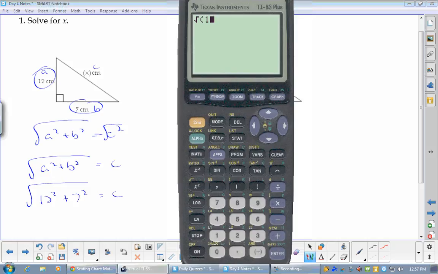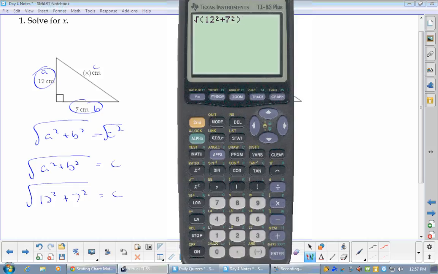And then you just go 12 squared plus 7 squared. So you're doing it all in one step. You're not going to square 12, write it down. Square 7, write it down. Add the two together. Then take the square root. It's not only longer, but every time you do an extra step, it increases your chance to make a mistake.